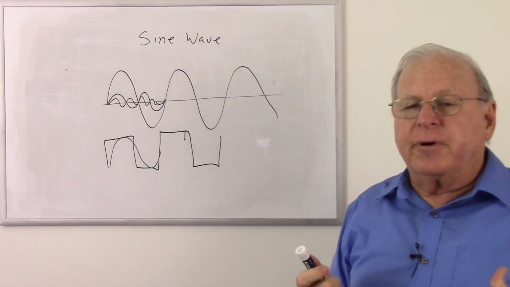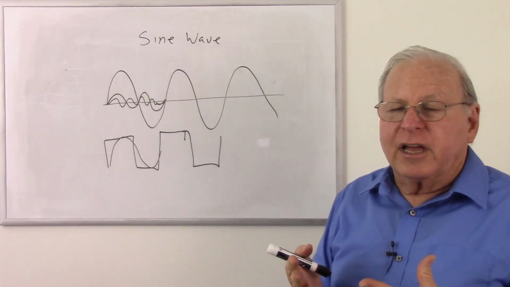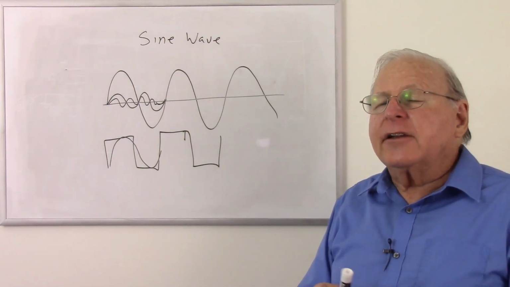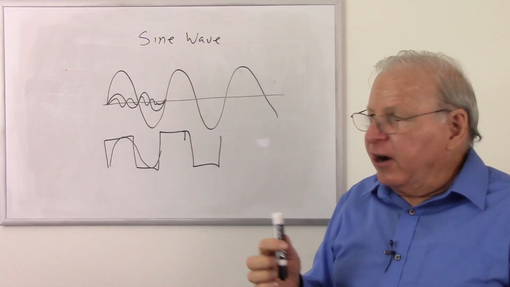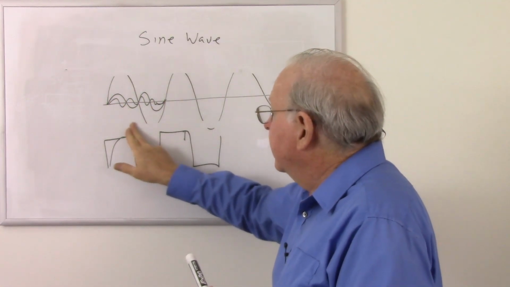So for example, if we have a radio that's transmitting on a certain frequency, let's just say AM radio at 1 megahertz, and let's say that we're overdriving the output amplifier, so instead of getting a nice sine wave, it's getting flattened out on the top and the bottom.